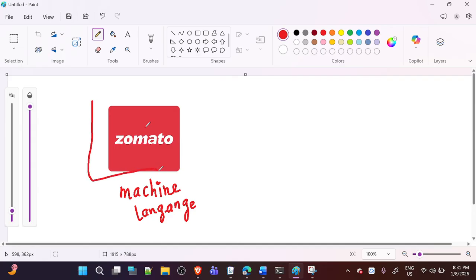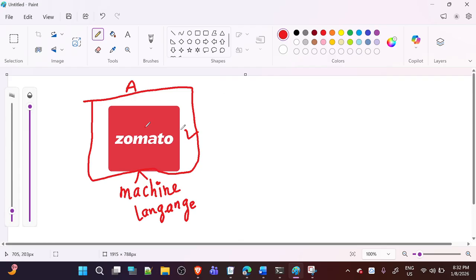So if you have completed your Zomato application program in machine language, and this machine is A machine.